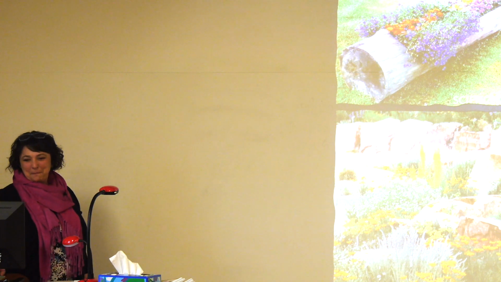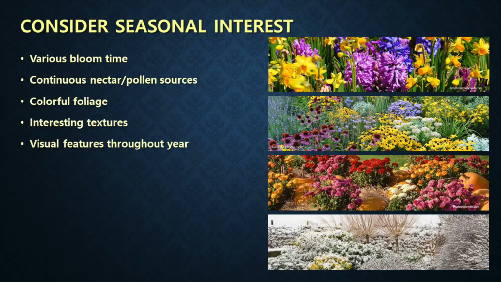No, that's great. Okay? So consider seasonal interests, various bloom times, okay? You want season-long bloom times because you want to give those pollinators enough food. Think about colorful foliage or interesting texture of foliage, okay?